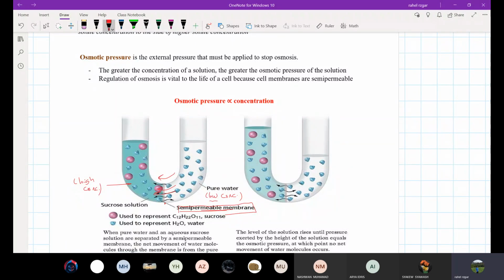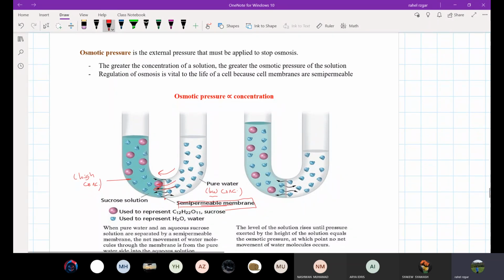They cannot go to the other side because they are attached to the solute. And the semi-permeable membrane doesn't let the solute particles pass through, only solvent particles. That's why solvent particles can only pass through from the low concentration to the high concentration.